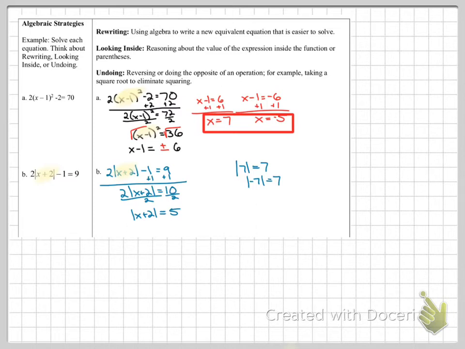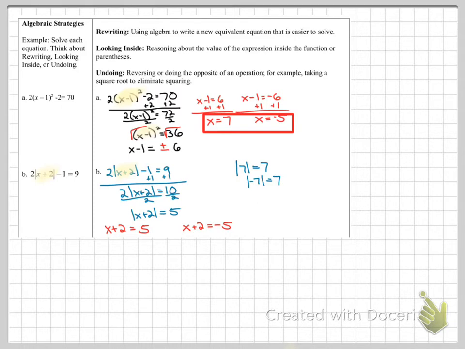So that means the insides, the x plus 2, that could just equal 5. And then when I take the absolute value of it, I get 5. Or the insides, x plus 2, could equal negative 5. Because then when you take the absolute value of negative 5, you get positive 5 like we want.